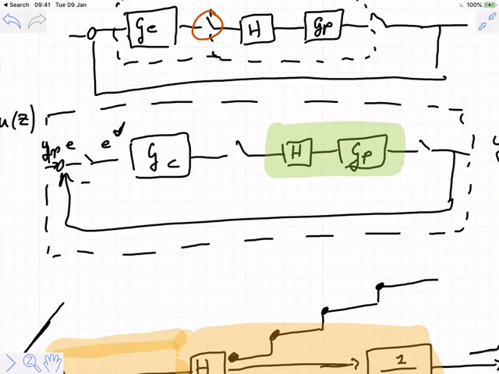And highlighting it like this hopefully highlights also the fact that it's not really sensible to talk about the Z transform of GP by itself. And I want to again start waving flags over here.